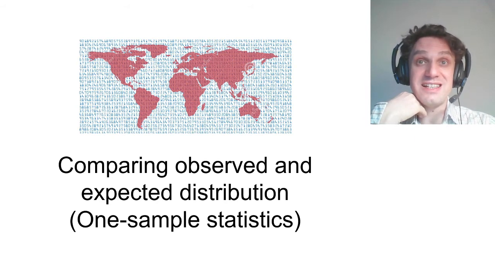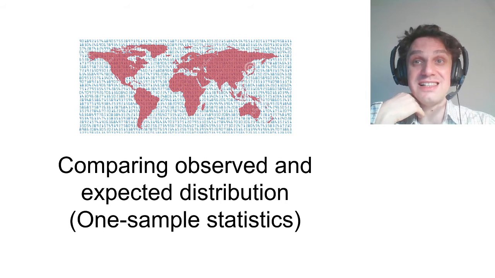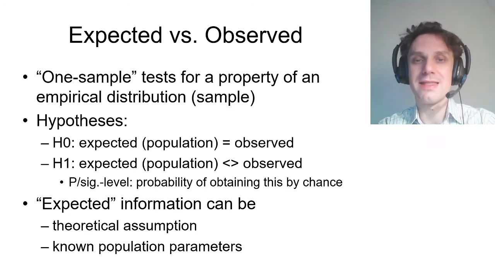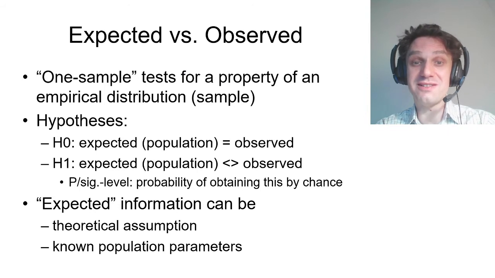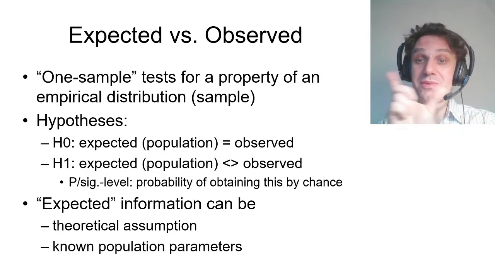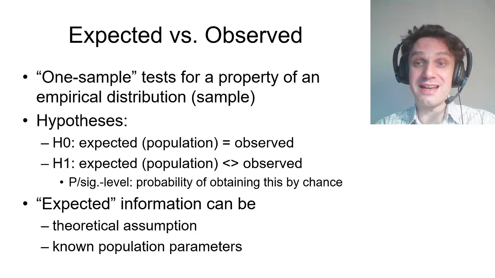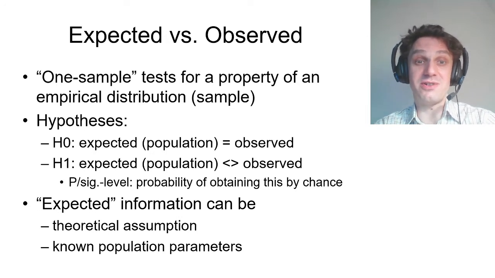These types of tests are also called one-sample statistics, because in order to conduct them, you only need to have one variable. And for this variable, you are trying to test whether some property of the distribution of this variable in your sample corresponds to an expected property in the population, or it does not correspond.